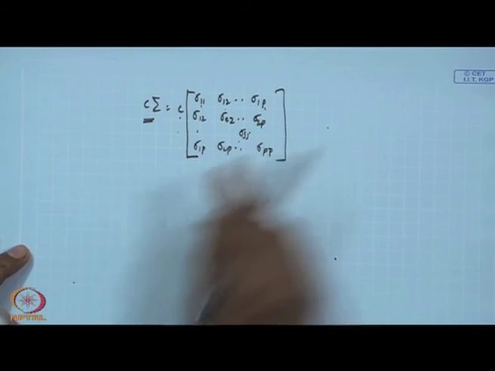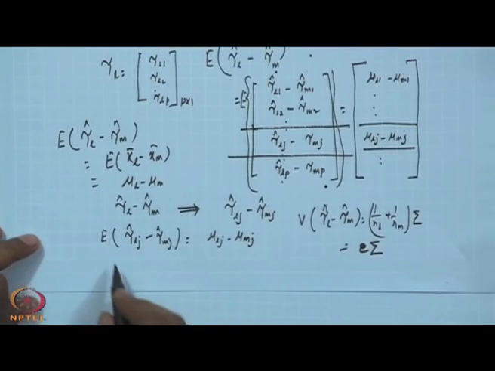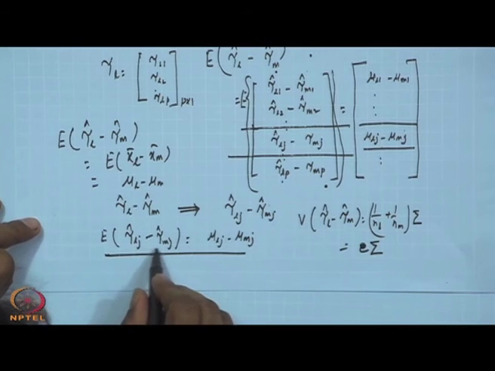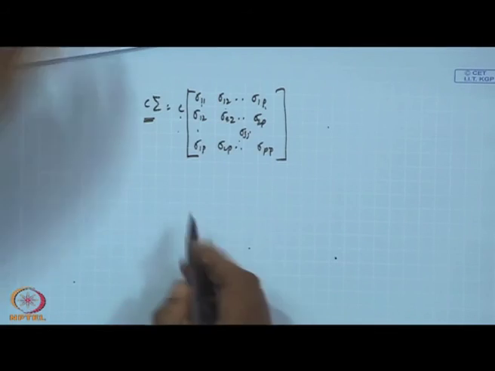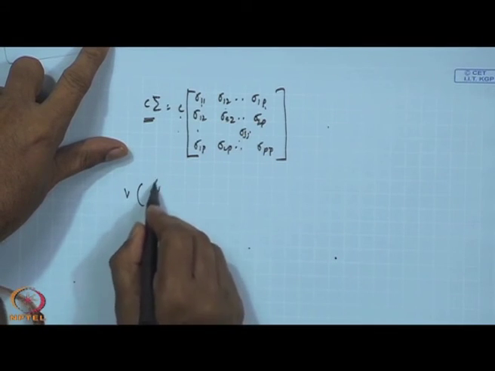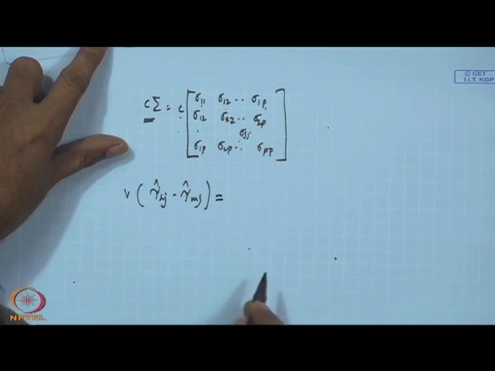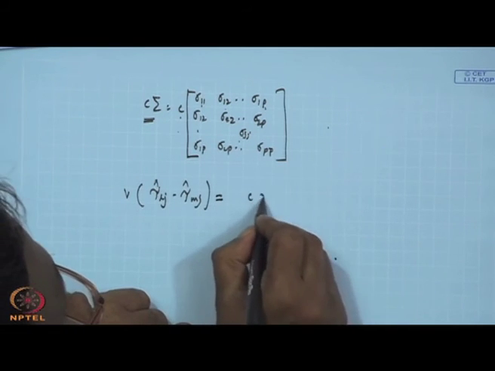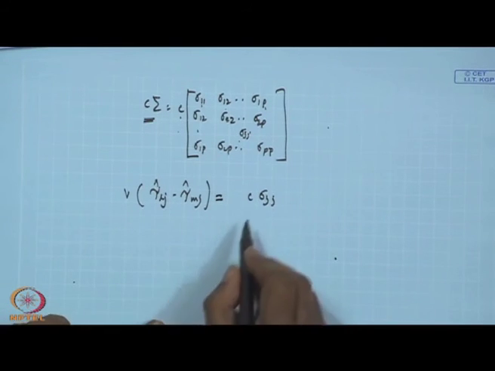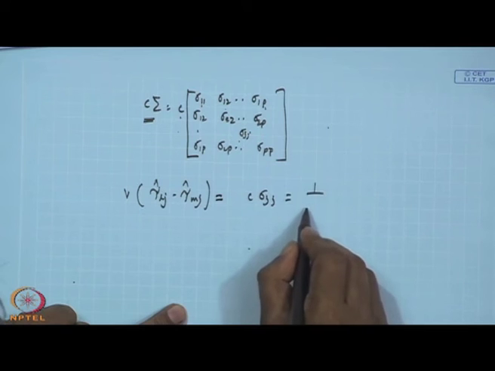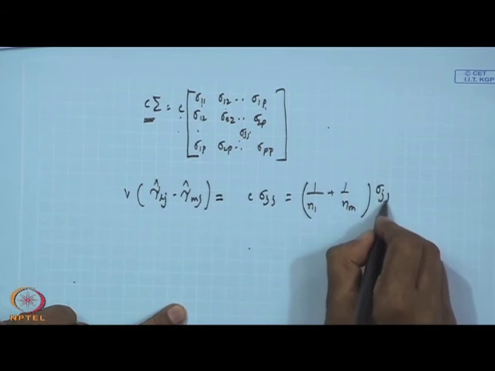For this variable, tau Lj cap minus tau Mj cap, the mean is mu Lj minus mu Mj, and the variability will definitely be C sigma jj. That means it is 1 by N L plus 1 by N M into sigma jj.